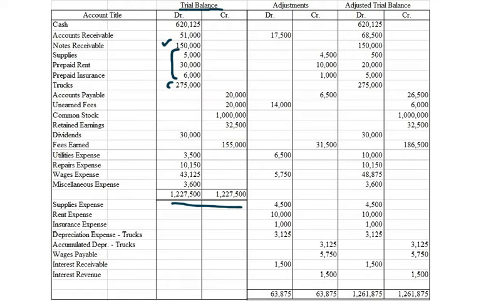We bought 10 trucks, added a truck, so 275. The unearned fees account, again, we took $20,000 in advance. And of course, the original $1 million in stock that was issued, the 50,000 shares for $1 million, that's consistent. And then the ending balance of retained earnings for the end of November is consistent with that example as well. Otherwise, the rest of those you really can't read much into, right?